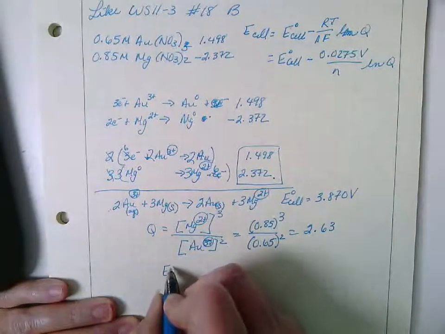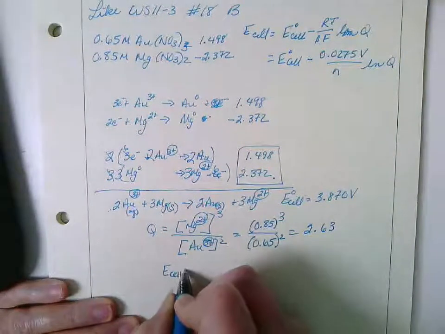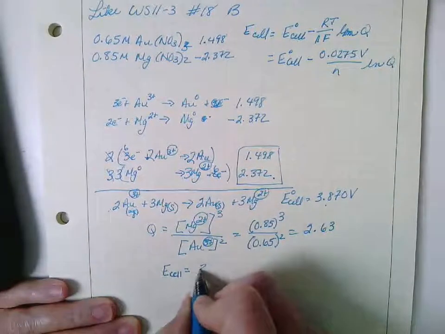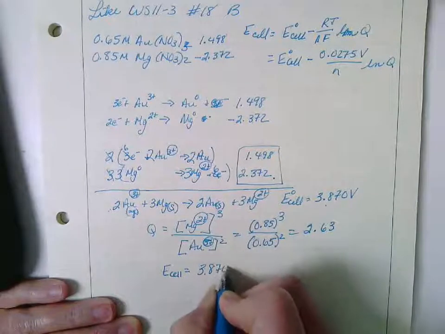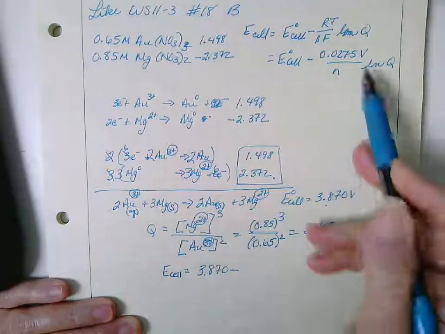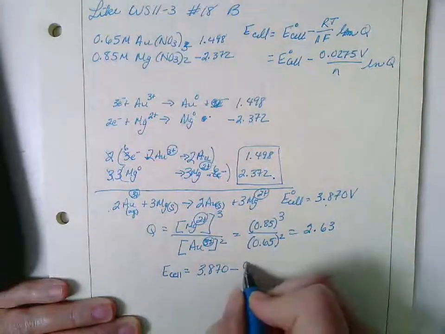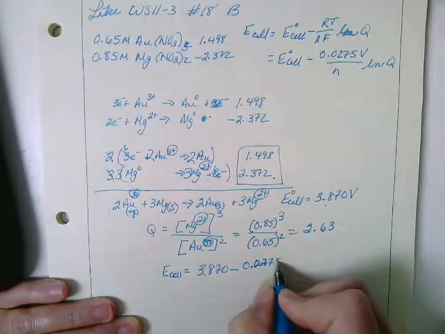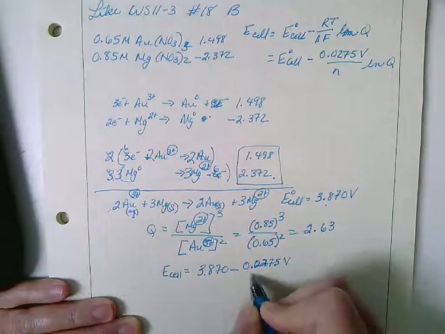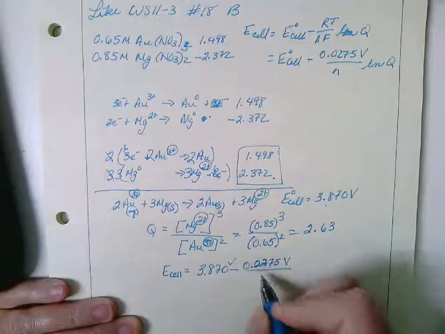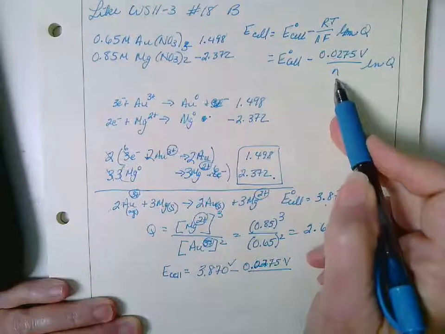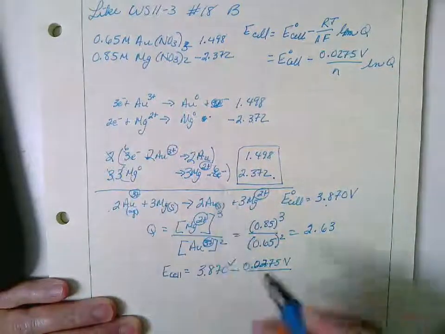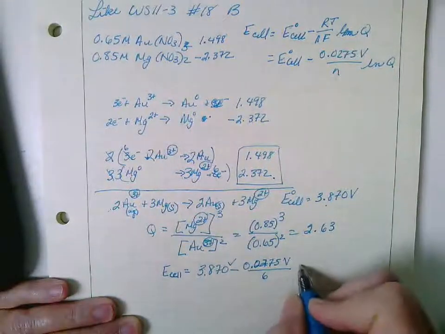So E for the cell at this non-standard condition is going to be E naught, 3.870, minus the constant 0.0275 volts, and this is in volts, divided by the number of electrons being transferred, which here is 6 electrons. So I'm going to divide that by 6.